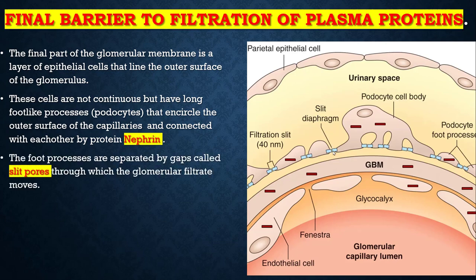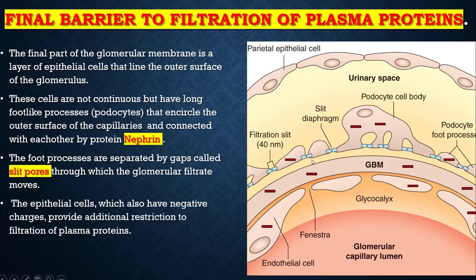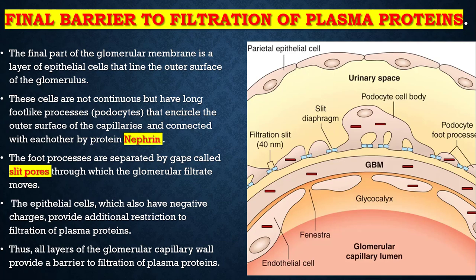Foot processes are separated by gaps called slit pores through which the glomerular filtrate moves. The epithelial cells, which also have negative charge, provide additional restriction to the filtration of plasma protein. Thus, all the layers of the glomerular capillary wall provide a barrier to filtration of plasma protein.